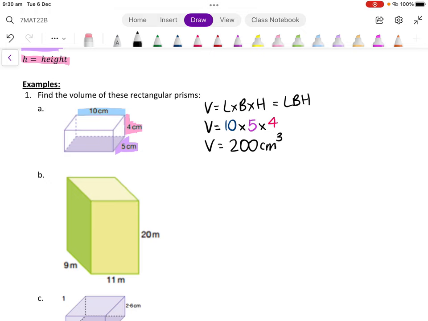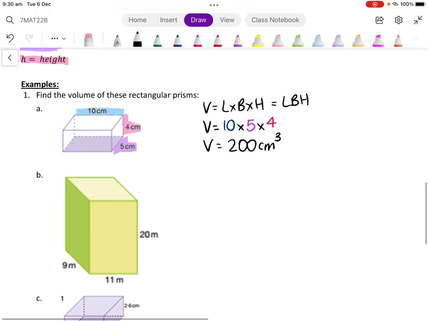Okay, you should have done example B. So what you have is that volume equals LBH. So we write out our formula. Then we have V equals, now our length is this distance going across the front of 10. Our base is this distance going back, I suppose, back for base, of 9. And our height is our height of 20 centimetres.